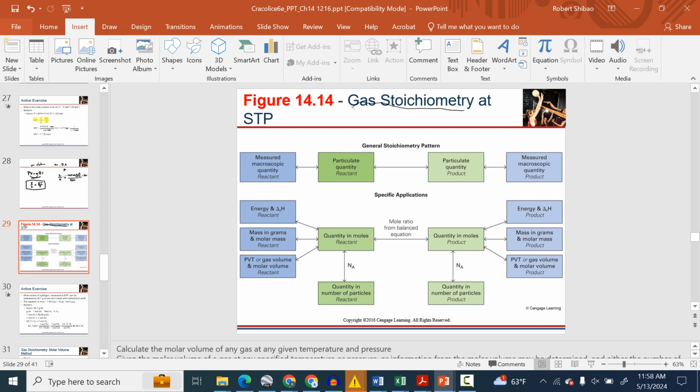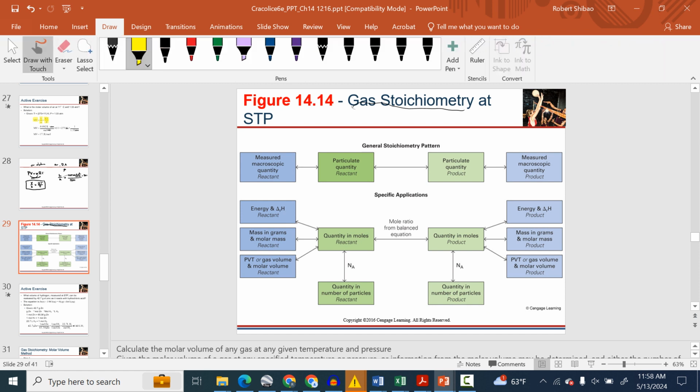And so we'll just look at this part right here of the stoichiometry map. Option 1 is to use PV equals nRT, or option 2 is to use the molar volume. And the same thing goes over here.